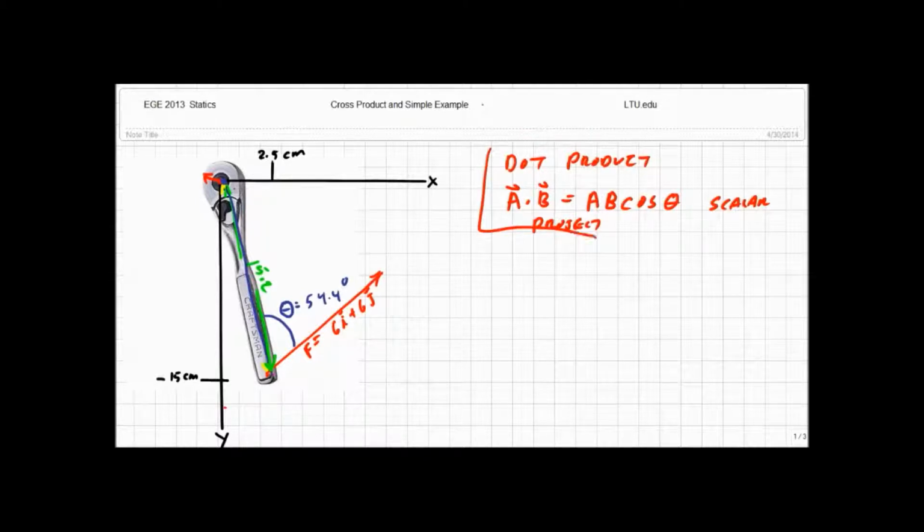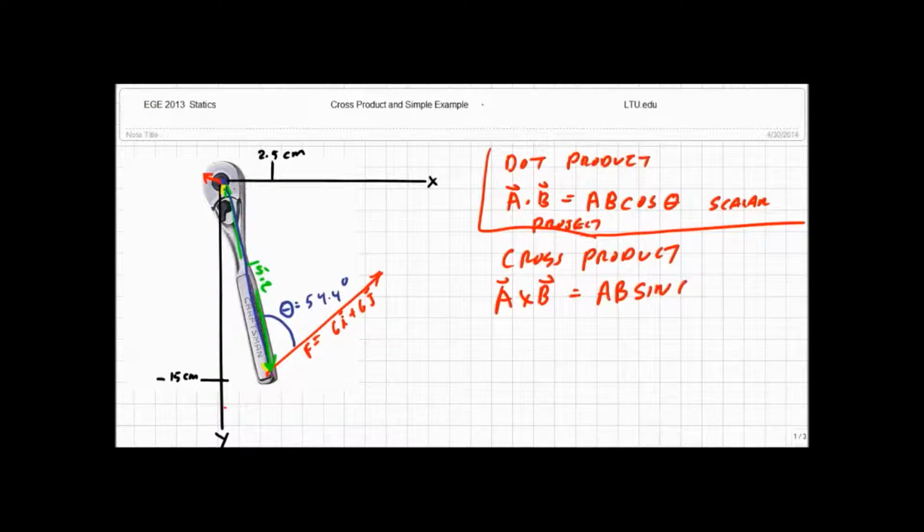Let's not let that get confused with our cross product. The definition of the cross product is similar, but different, obviously. A cross B is equal to, by definition, the magnitude of A, magnitude of B, sine of theta, and times, and this is important, a unit vector in direction C, okay?